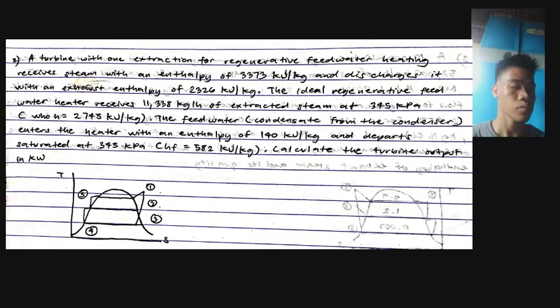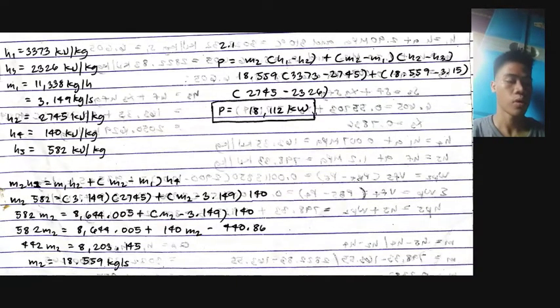Okay. So having again illustration and getting the value of X, H sub 1, H sub 3, M sub 1, H sub 2, H sub 4, and H sub 5.